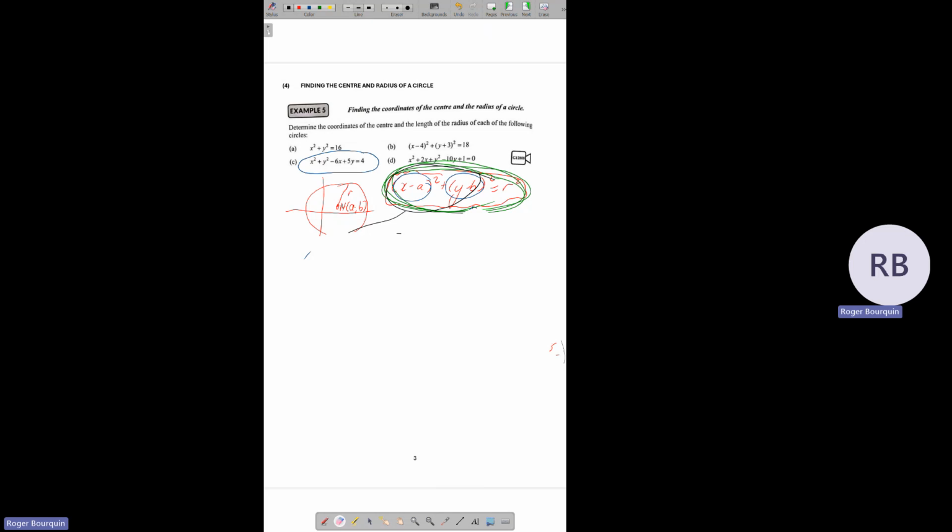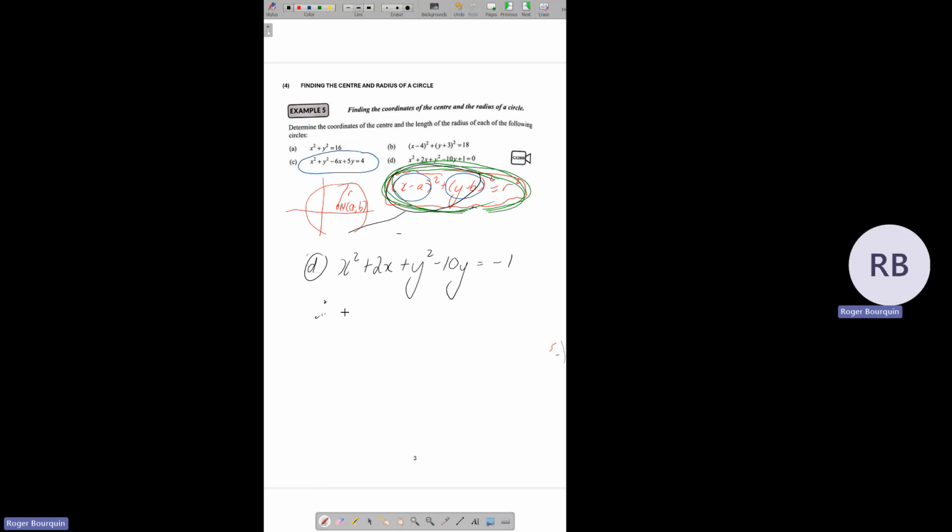In this case, the x's and the y's are together for question D. The only thing we need to do is, so you're going to have x squared plus 2x plus y squared minus 10y. Get the 1 to the other side, it becomes minus 1. How do I set it up?